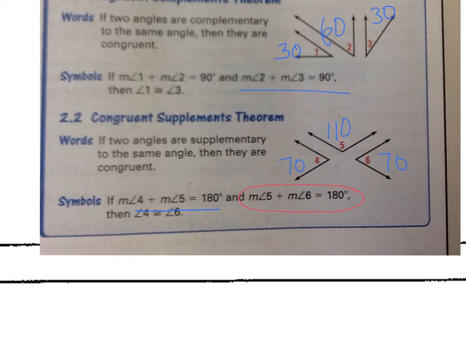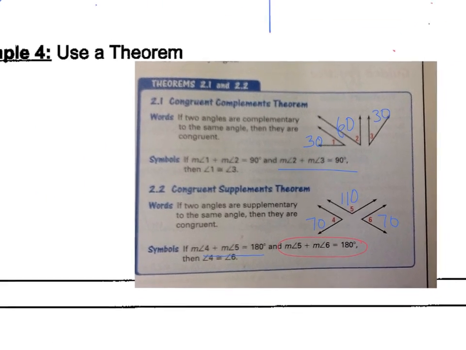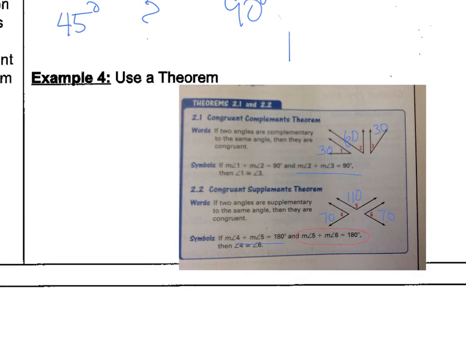So those two theorems are just talking basically that if they're supplementary or complementary to the same angle, then they've got to be equal to each other, okay? I think a lot of it just has to do with using some common sense on the complementary and supplementary and understanding what it is they're asking you, okay?